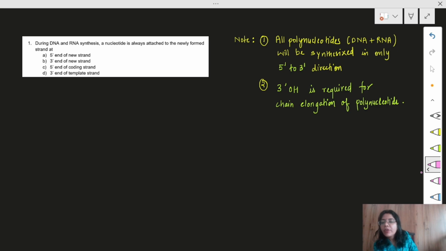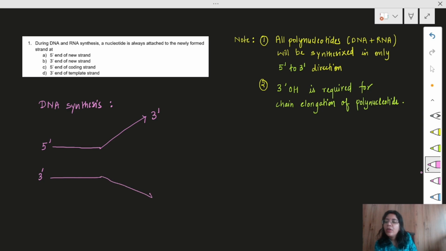So let's talk about first DNA. If I talk about DNA synthesis, which is the first type of polynucleotide, in DNA synthesis both the strands will be acting like a parental strand.